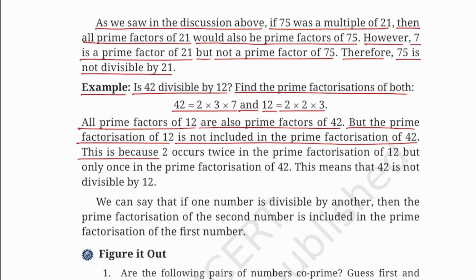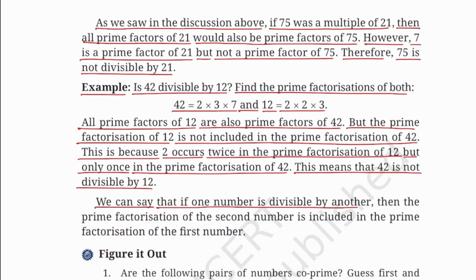This is because 2 occurs twice in the prime factorization of 12 but only once in the prime factorization of 42. This means that 42 is not divisible by 12. We can say that if one number is divisible by another, then the prime factorization of the second number is included in the prime factorization of the first number.